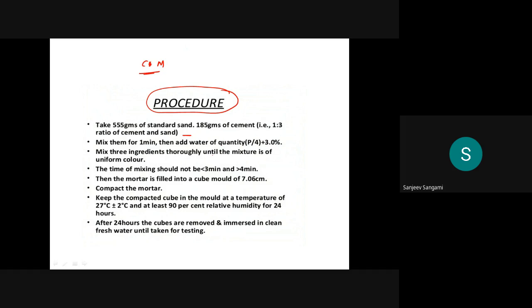You already know the proper mixing: if you are preparing the cube, how you have to mix, how you have to maintain the time, what the mixing time will be, how much quantity of water you have to add, and how much temperature you have to maintain. Normally you have to keep this in mind. And what the mortar size will be and all those things.